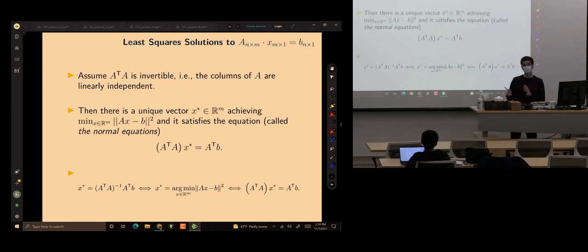At this point you know that B must be a linear combination of the columns of A, then we would say there is a solution, because B is in the column space of A, or range of A. Now, sometimes B is not in the range of A, but we want to find a minimum error solution, a least squares solution.